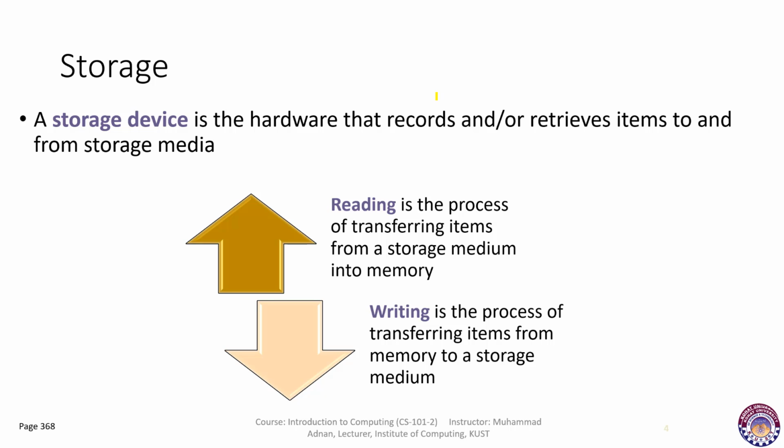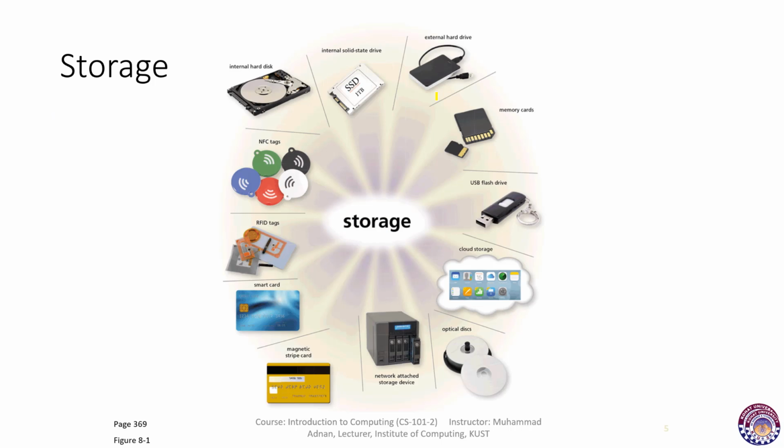And then the other task is writing. Writing is a process of transferring item from the memory to the storage medium and permanently storing data. So we read data and write data. Okay, so I think this is simple.